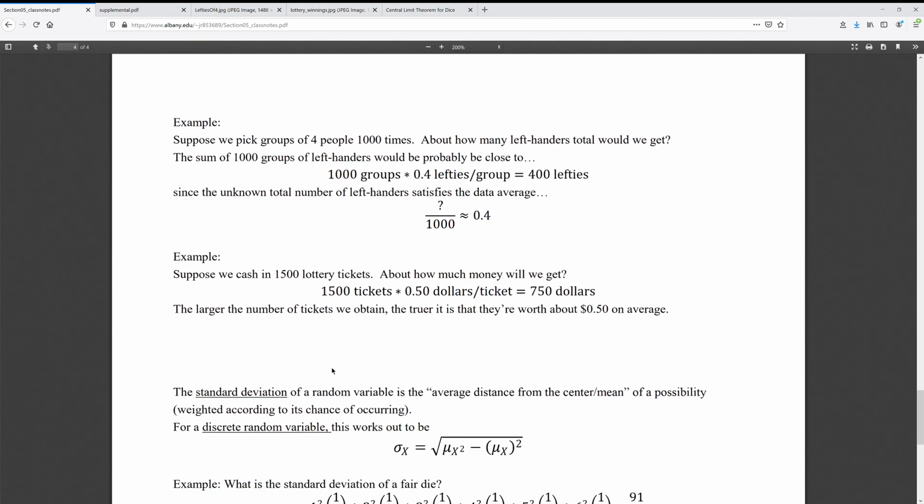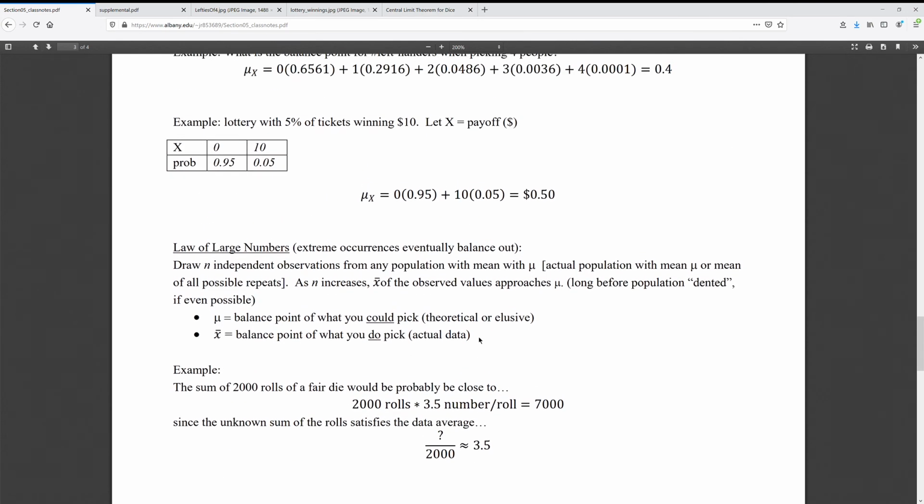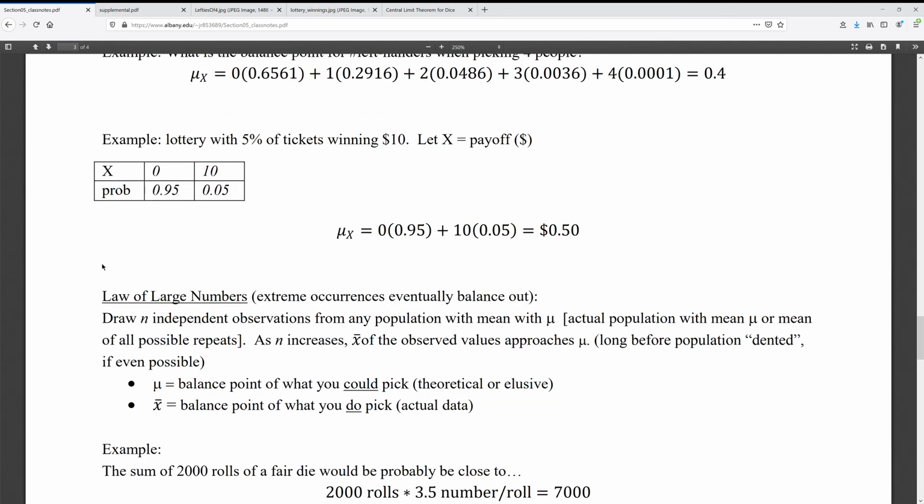So all that remains to do here is this part right here, which is basically summarizing what I've already said. In so many words, the law of large numbers. Now, different books, I should point out, will refer to the law of large numbers as meaning different things. Some books will kind of dumb it down for you.